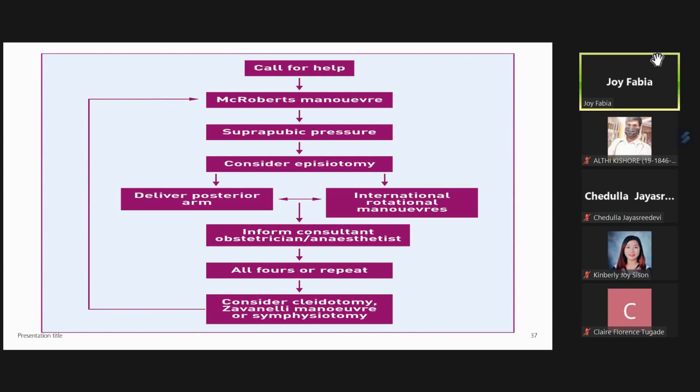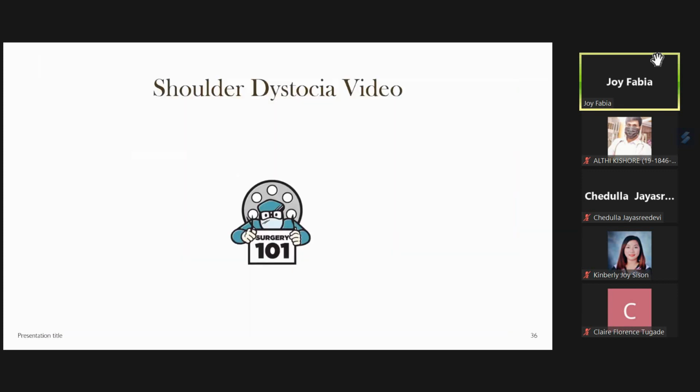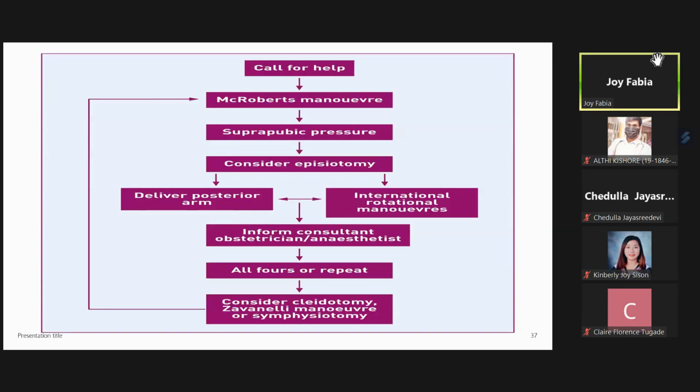So yun nga, very important if we have a patient who we are considering the baby na macrosomic siya or with macrosomia. And the mother came in inevitable na yung delivery. Very important that we have a complete team, no? So yun yung pinaka-una doon. You have to ask for help kasi very important yung buong team ninyo is dapat marunong regarding dun sa shoulder dystocia.